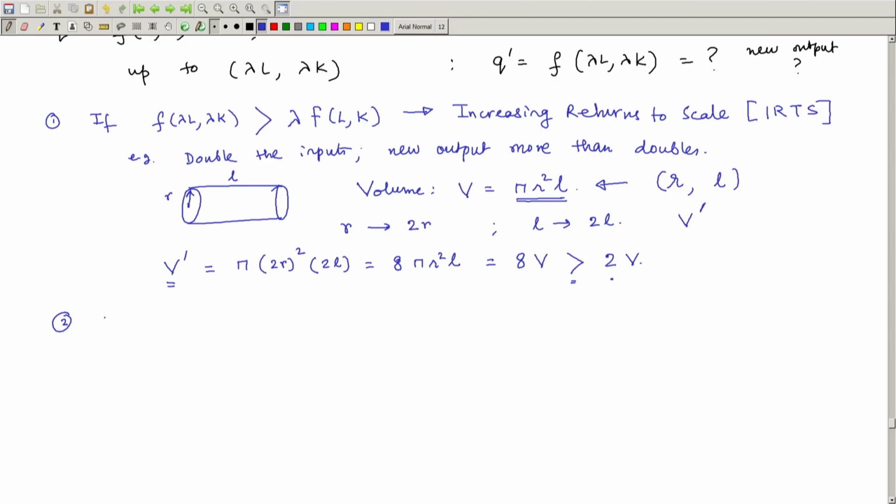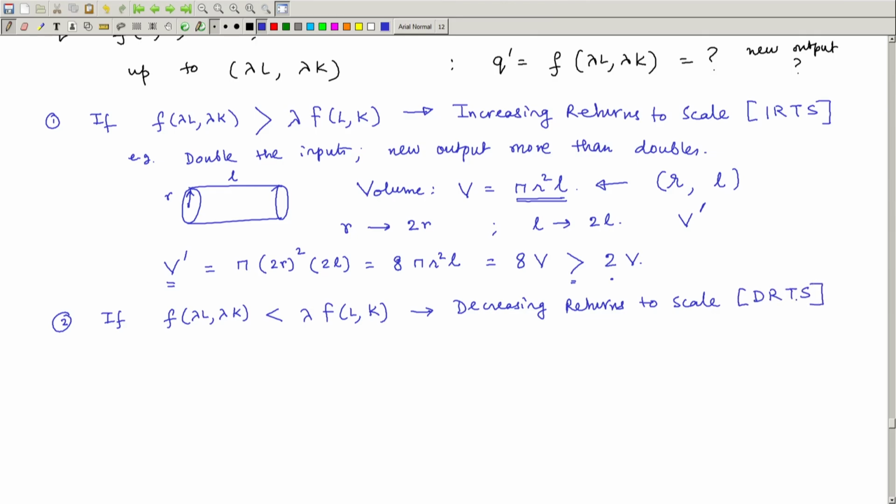Let's look at an example where f of lambda L, lambda K is less than lambda times f of L, K. So, you have doubled the inputs, but the new output has less than doubled. So, this is called decreasing returns to scale, DRTS.